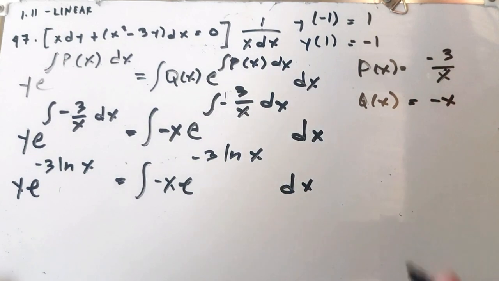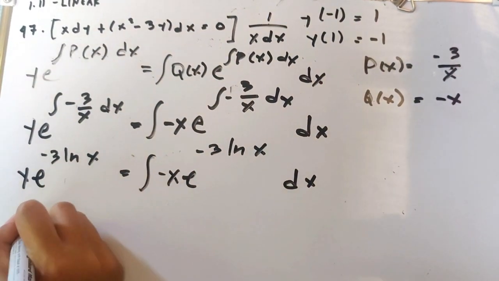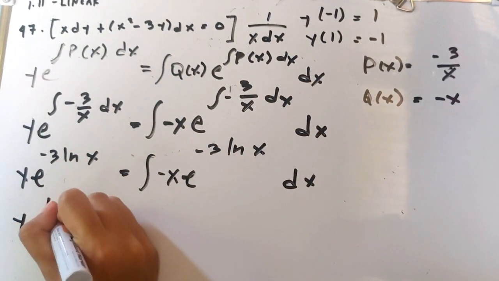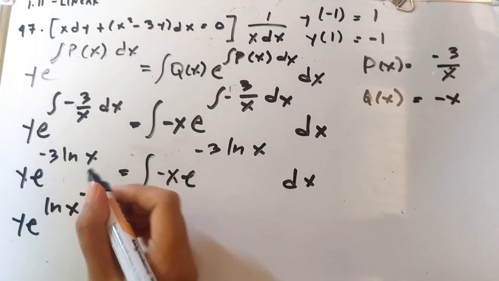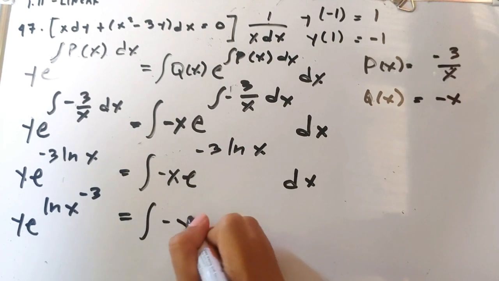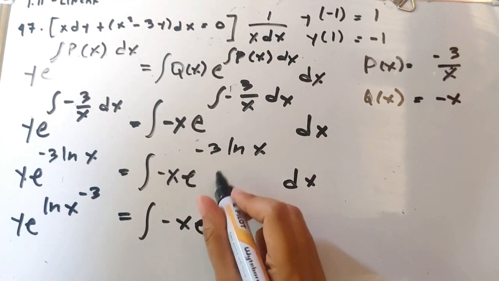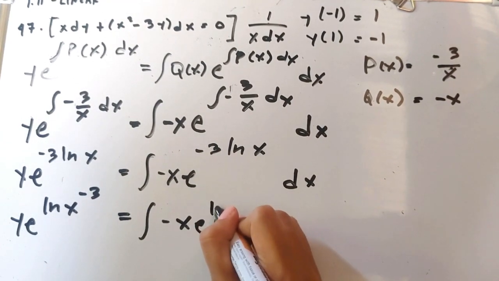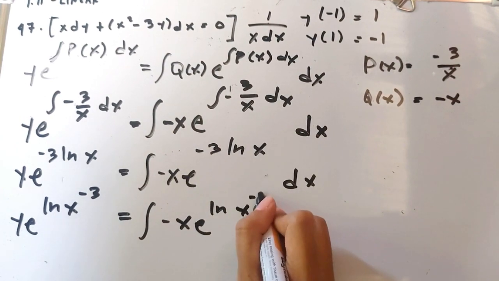So this will become y e raised to ln of x to the negative 3 is equal now to the integral of negative x e raised to ln of x to the negative 3 dx.